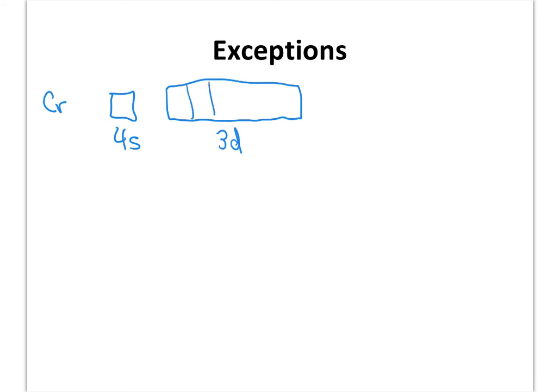Okay, remember d's have the 5 orbitals. So you have your 5 boxes there. What you would expect here for the chromium is 4s2 and then 3d4. Okay, that's what you'd expect from the rules.